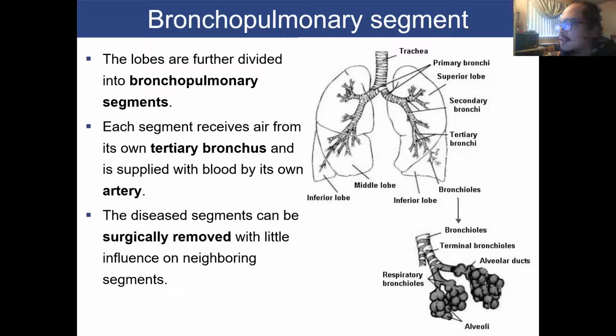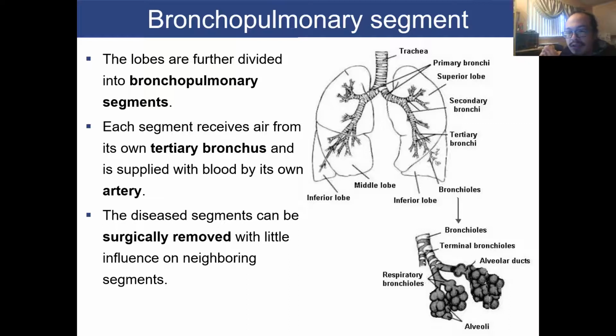It's because if there's any infection or injury, a surgeon can carefully remove this segment. And by doing so, they basically just cut the branch out. So that portion is a bad branch. We can cut it out and still keep the entire lung healthy. Okay, so that is the purpose.